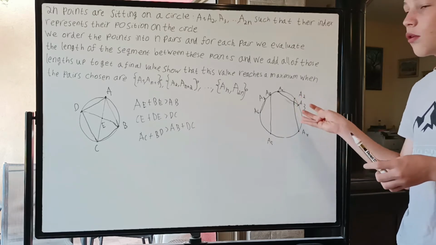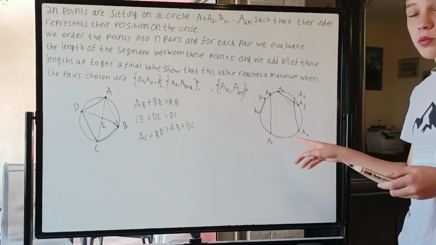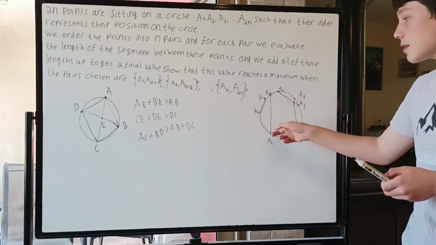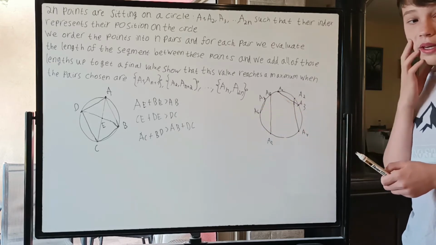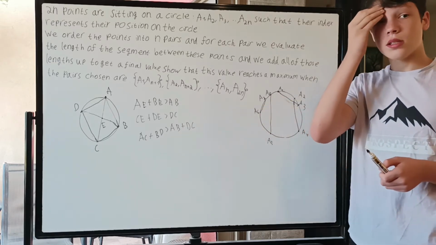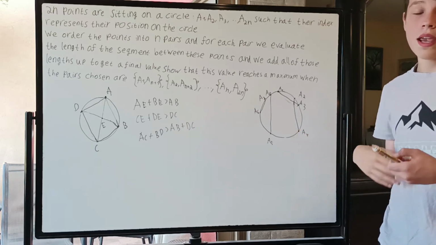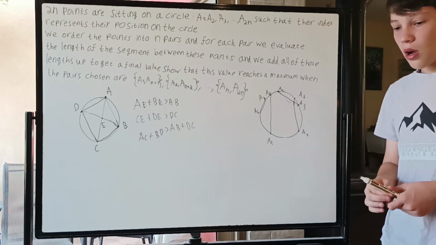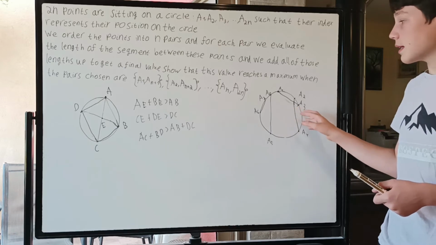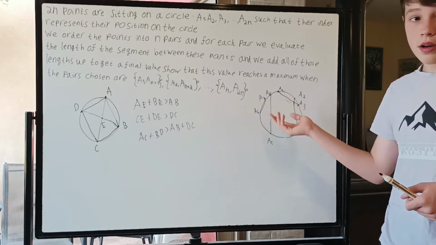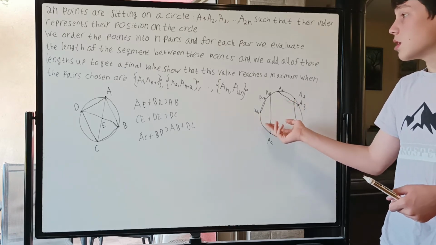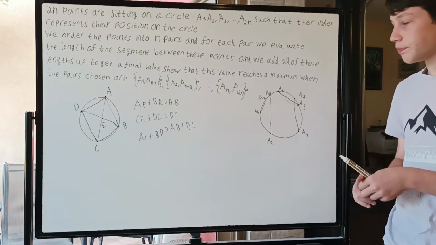We can take any 4 points, and if 2 pairs were chosen there but the lines aren't crossing, then if we change it so that they are crossing, we're increasing the overall value, because the others are staying the same, but we're increasing the sum of these lengths, so the overall sum is increasing.